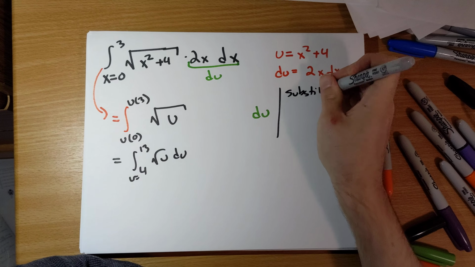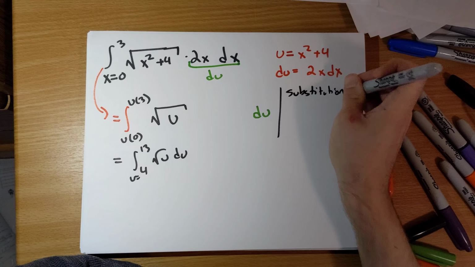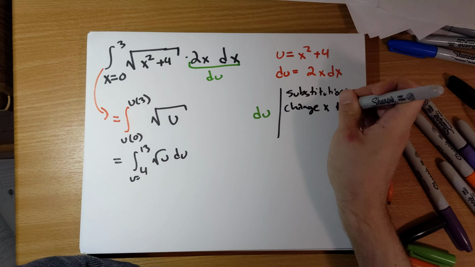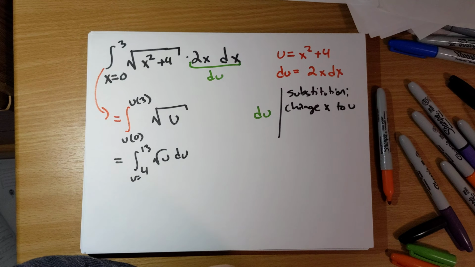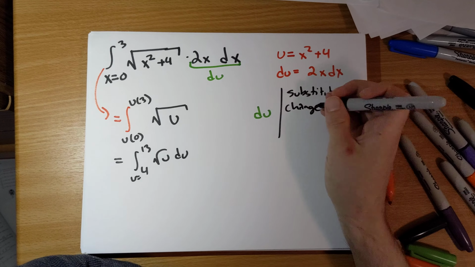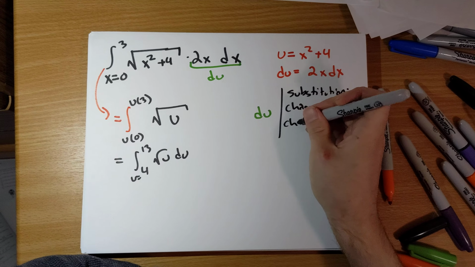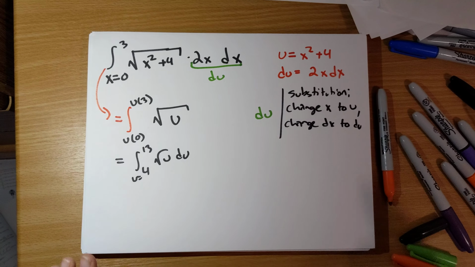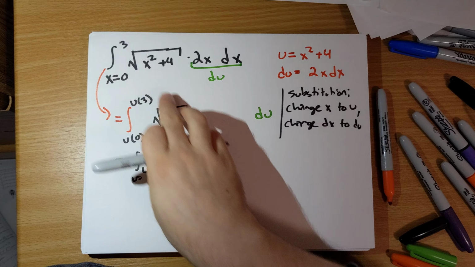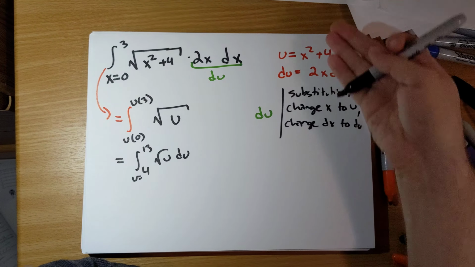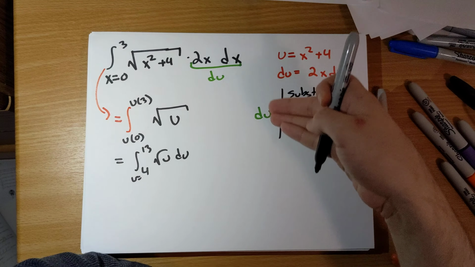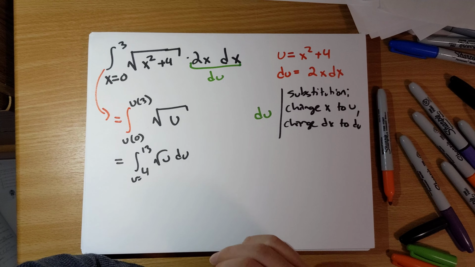The substitution here, we are going to change x to u and change dx to du, and we have to be careful about how we're doing it. We're not just literally replacing x as we use. There's rules that we have to follow on how to replace dx with du.